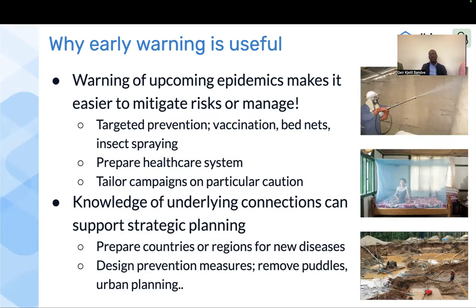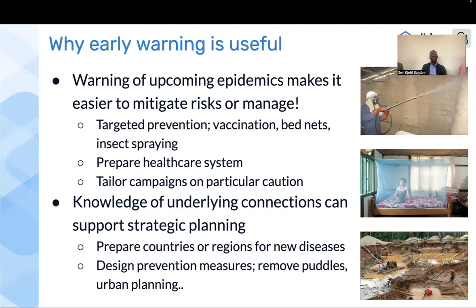And so why is this really useful and important? This we think can be a way to, of course, predict health epidemics, and with that we should be able to mitigate the risks and manage. And that would mean that you're able to be more targeted in terms of your prevention strategies, but also prepare health systems to be able to support this, but also tailor campaigns so that your campaign messages are more tailored.